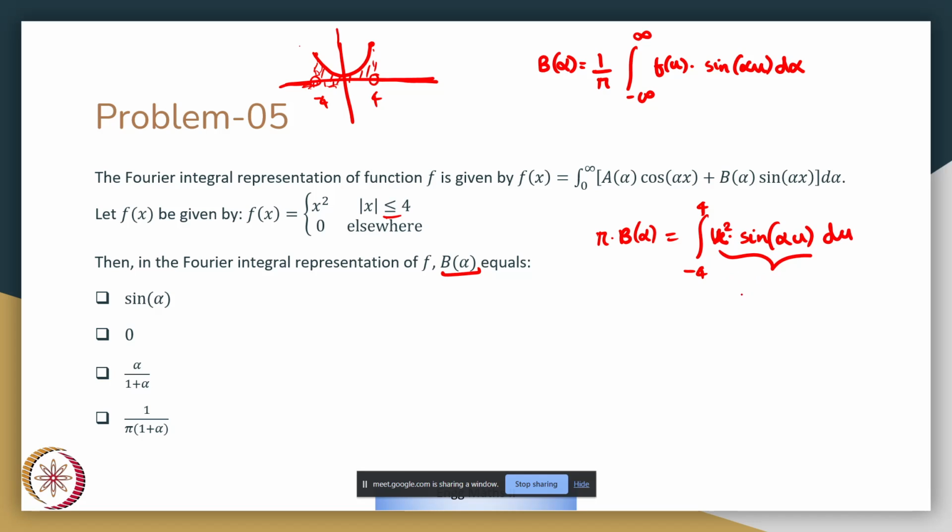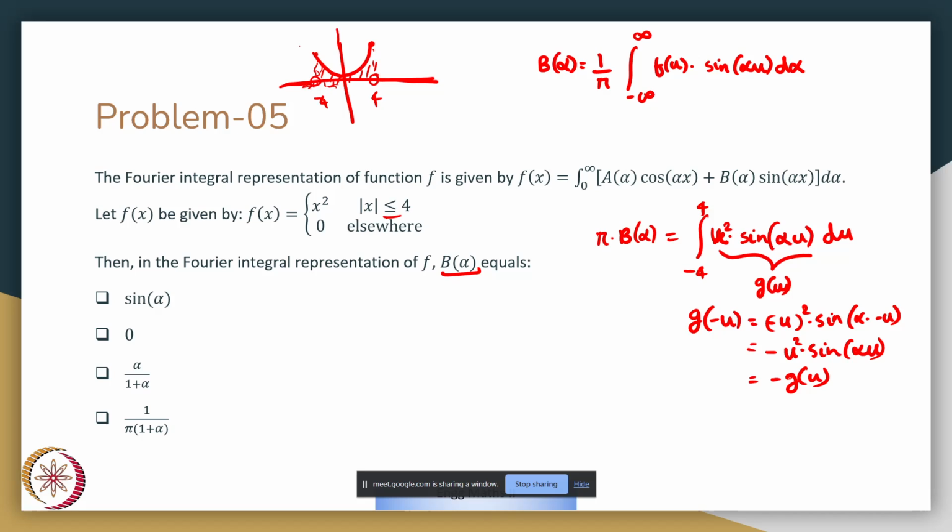Again, if I write this integrand as g of u, then g of minus u is nothing but minus u square sine of alpha into minus u, which is minus u square sine of alpha u, which is minus g of u.